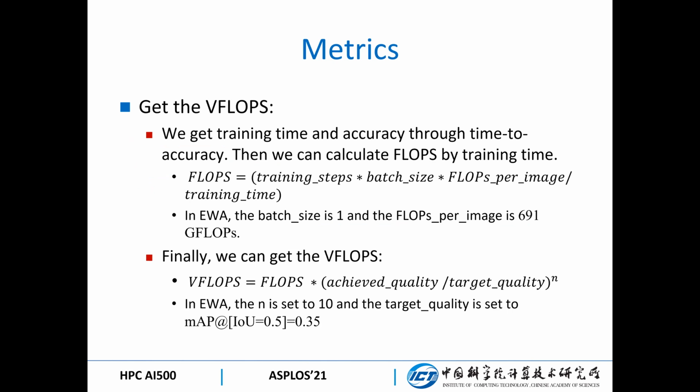In EWA, the batch size is 1, and the FLOPs per image is 691 GFLOPs. Finally, we can get the valid FLOPS by the following formula. In EWA, the n is set to 10, and the target quality is set to mAP 0.35.